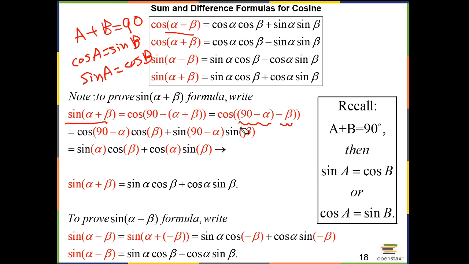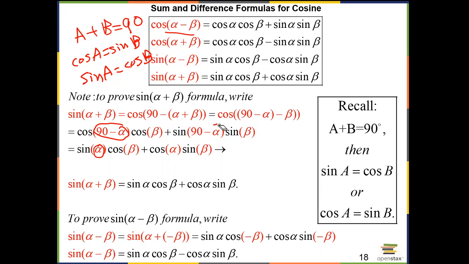Plus sine of the first one times the sine of the second. Okay, now again, cosine of 90 minus alpha, remember this angle and this angle add up to 90. So cosine of one equals the sine of the other. So this is the same as sine of alpha. And we leave that as cosine beta. Again, sine of this is the same as cosine of this. Why? Because they add up to 90.